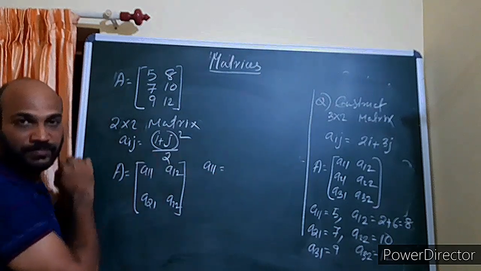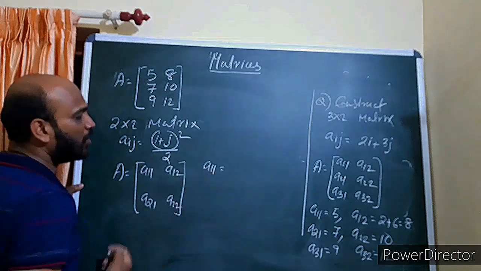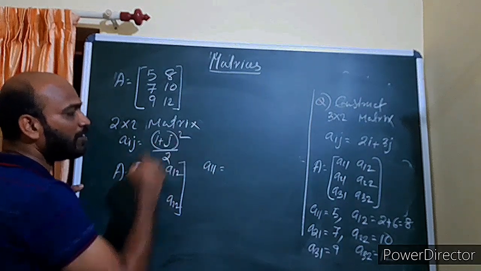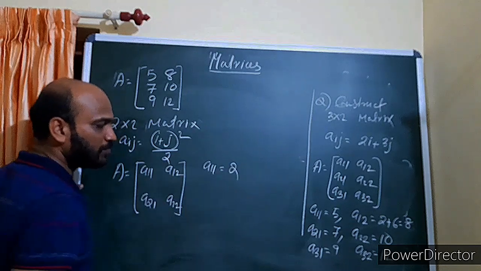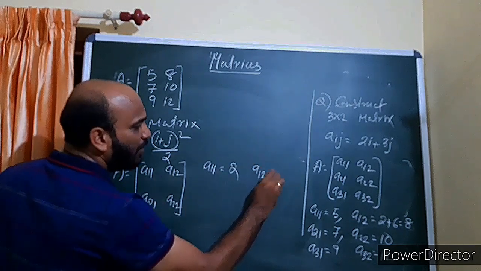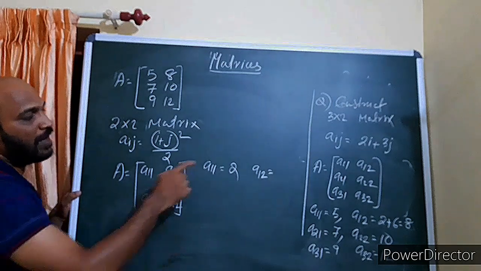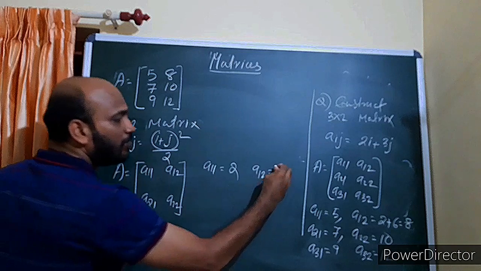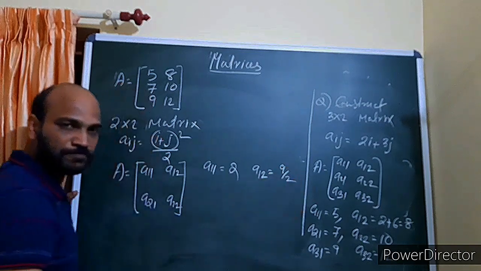A11, this is our formula. So i equal to 1, j equal to 1. Substitute in this formula. It will be equal to 1 plus 1, 2, 2 square 4, 4 by 2, 2. Then find A12. i equal to 1, j equal to 2. 1 plus 2, 3, 3 square 9. It will be 9 by 2.